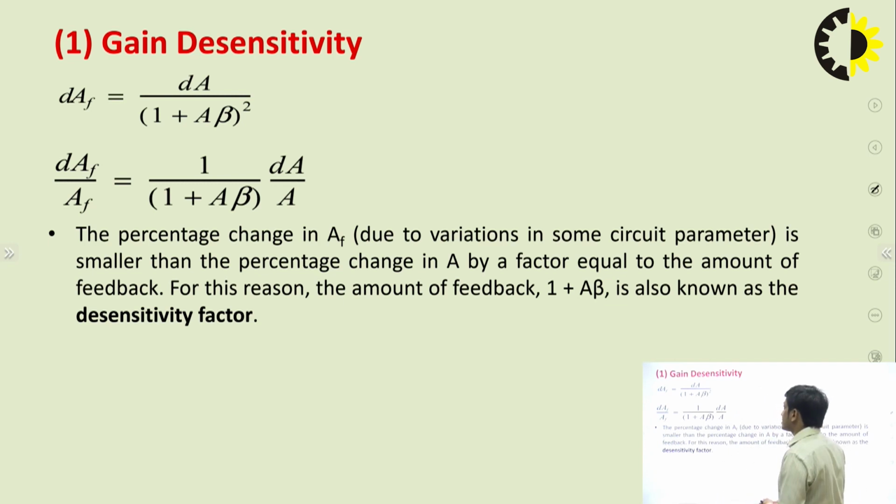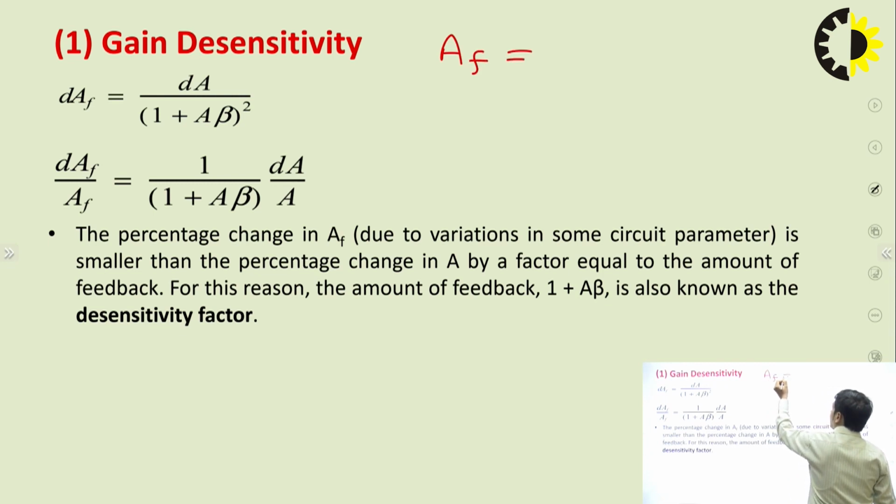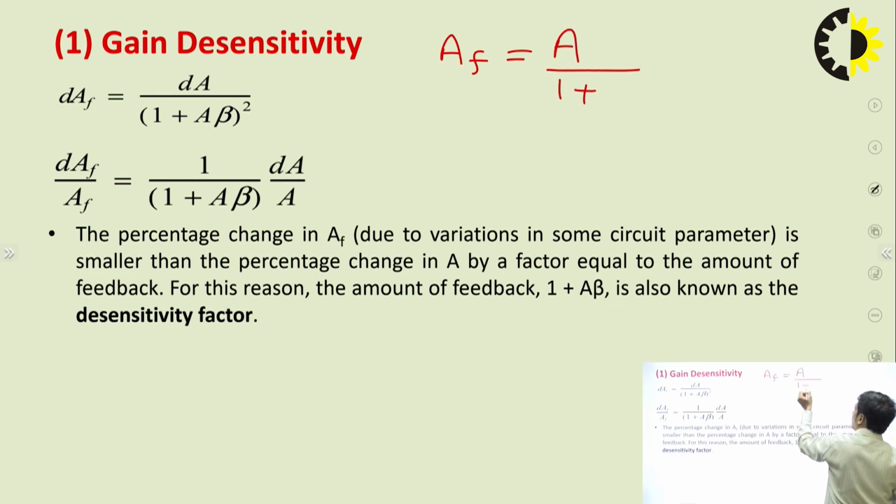So to understand the gain desensitivity, again we are applying the same equation which we have derived, that is AF is equal to A upon 1 plus A beta.